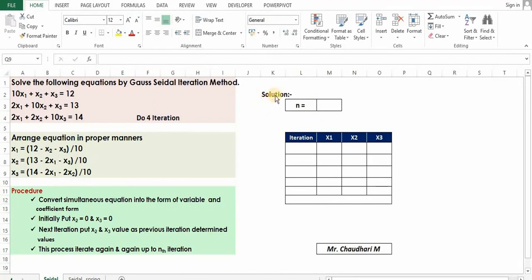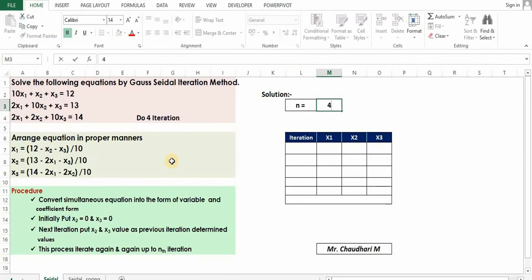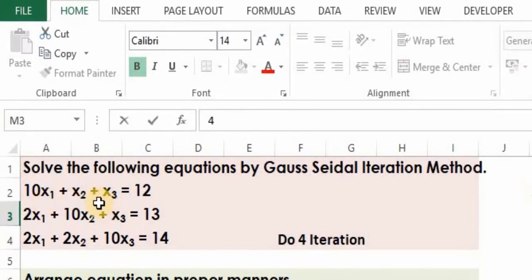Okay, so we have the solution here. First, some arrangement into a proper format. Four iterations means n is equal to 4. Now see here, we have to arrange these simultaneous equations into coefficient and variable form. For example, the first equation, 10x1 plus x2 plus x3. In that case, in the first equation the first coefficient of x1, which is 10, is the maximum value.